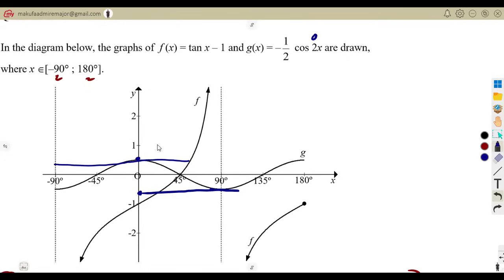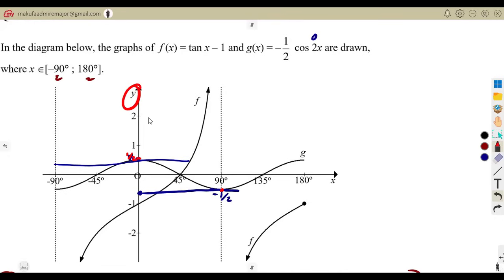So that is the consideration that we have. Meaning to say the value that is corresponding there is a half on top. Down there at 90 degrees, the value that is corresponding there on our graph is what? Minus half. So the graph of g as it is going there is going to go to the half on top. In between. Going down there, minus half, at 90 and at what? At 0. So those are the limits in terms of the y value.